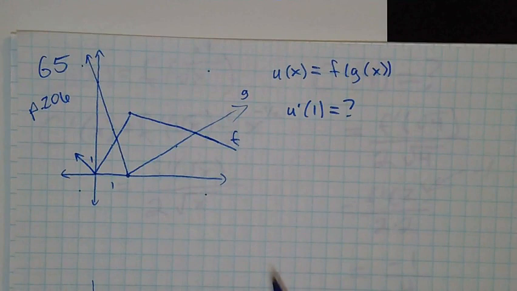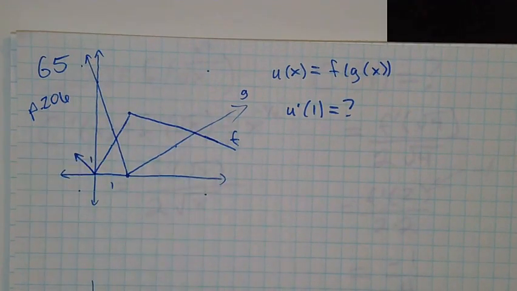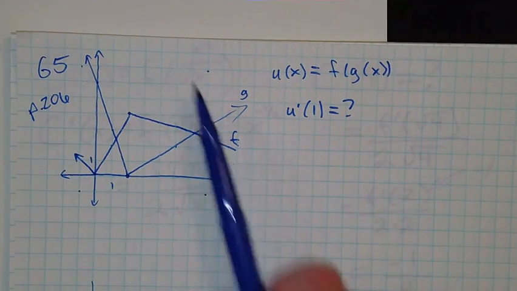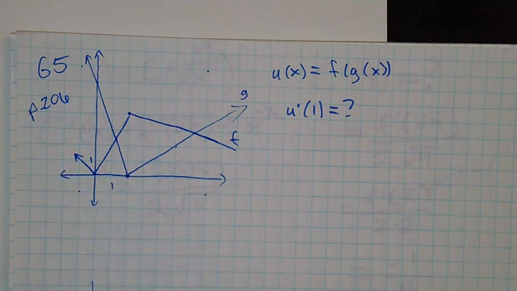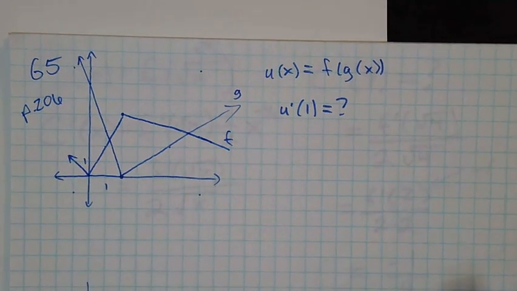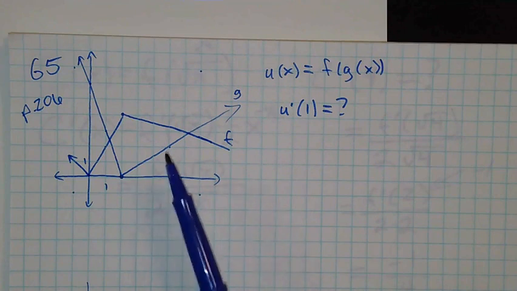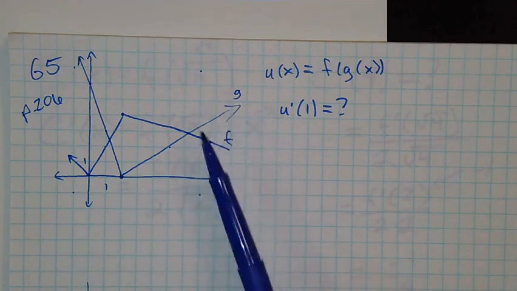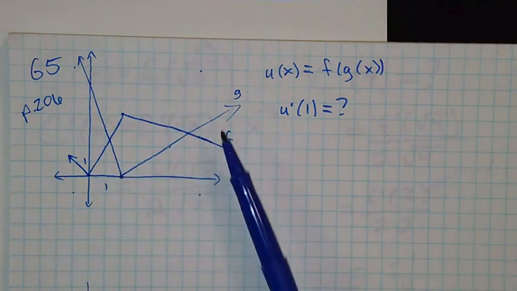And there will be some cases where, instead of a table of values or an expression for a function, you just have a graph. And so we're going to have to find what are the values of the function, what are the values of the derivative of these functions, given this information.